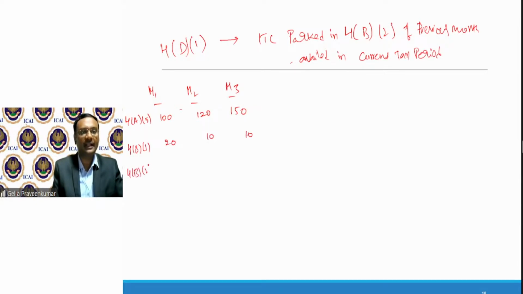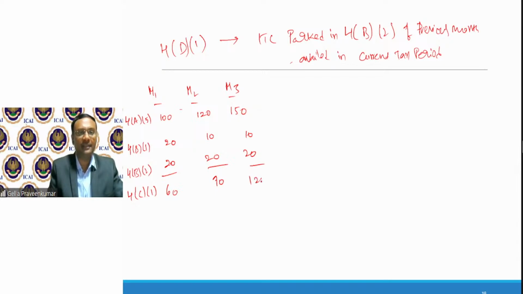In 4B2, I have said that I have not received goods, say for 20 rupees, 20 rupees, 20 rupees. Then on the basis of this information, my electronic credit ledger is updated for 100 minus 40, 60, 120 minus 30, 90, 150 minus 30, say 120.